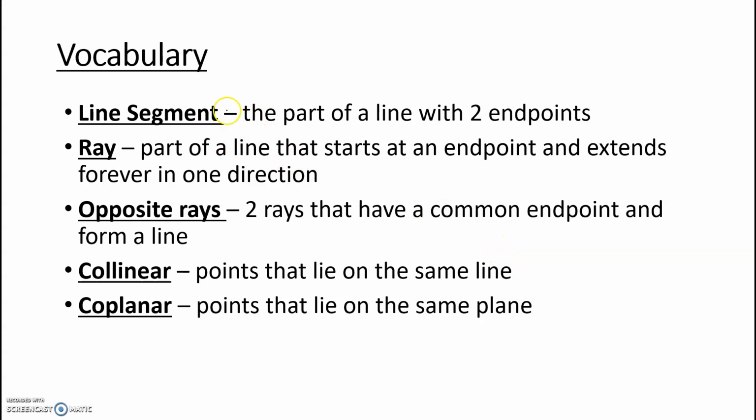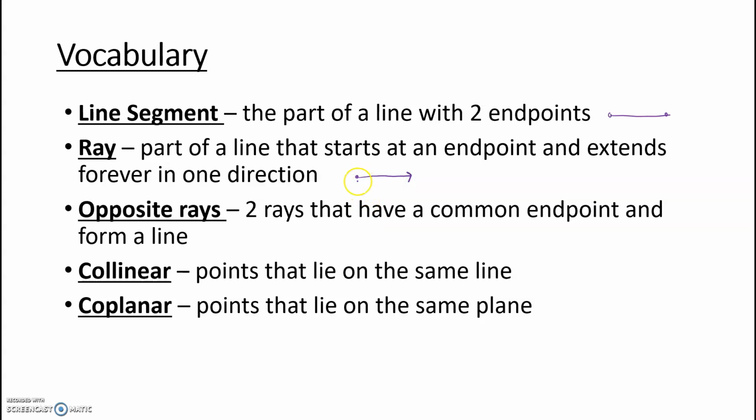A little bit more vocab. Line segment, a part of a line with 2 endpoints. So it stops. Okay, it doesn't have arrows, it doesn't keep on and on. A ray is a part of a line that starts at an endpoint and extends forever in one direction.